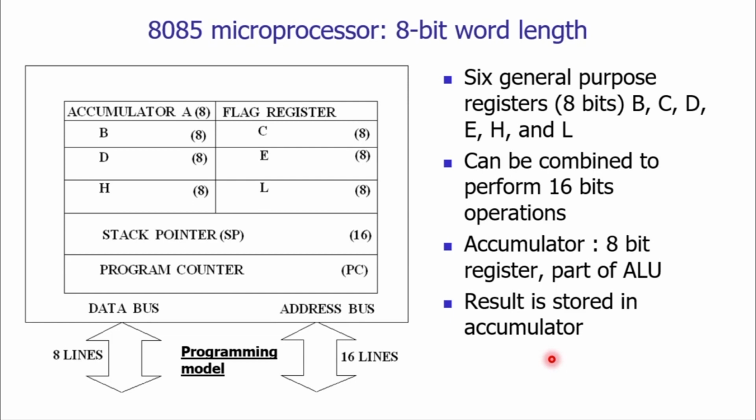For example, MOV, that is the move command. MOV D,E means I want to move the data which is located in register D to E. So we can easily transfer the data which is available at D to E. That means the registers are programmable.